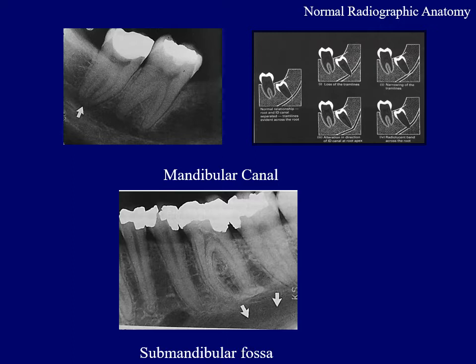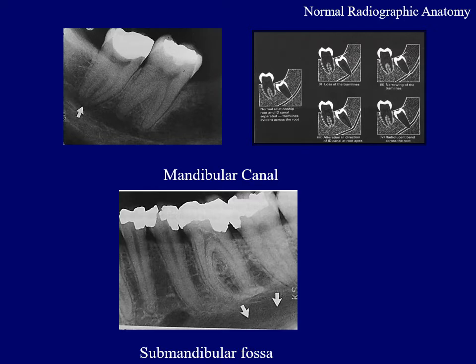The next normal landmark is the submandibular fossa. Submandibular fossa is on the lingual surface of the mandibular body just below the mylohyoid ridge in the molar region. There is a depression in the bone, which we call the submandibular fossa.